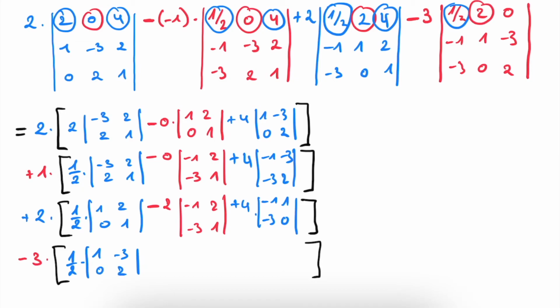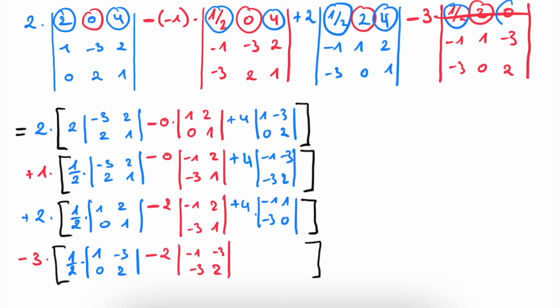This next number, a 2, with a minus sign in front of it, times the determinant of these 4 numbers. So this becomes minus 1, minus 3, and 2.